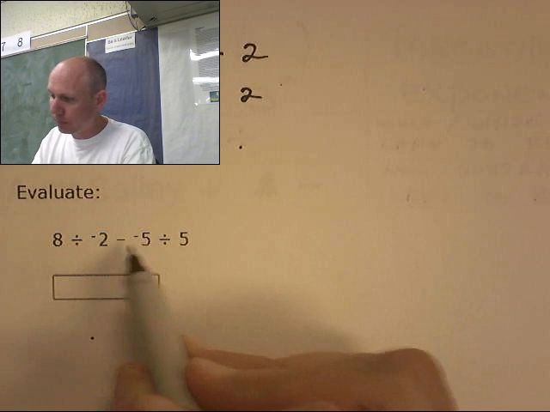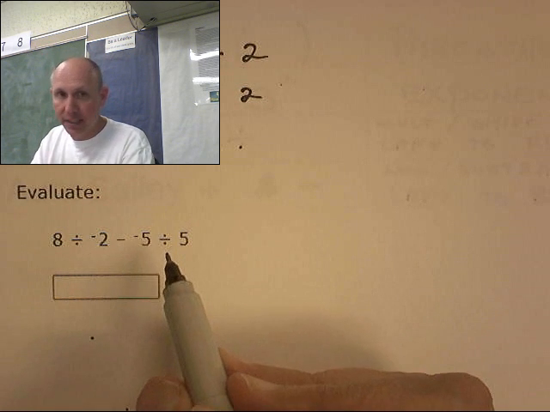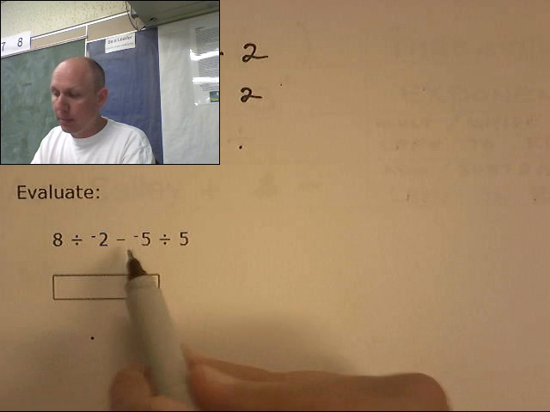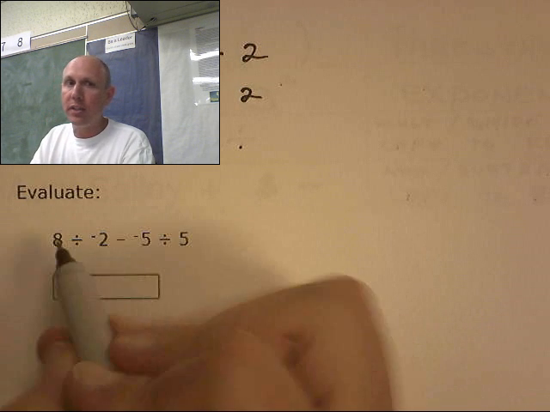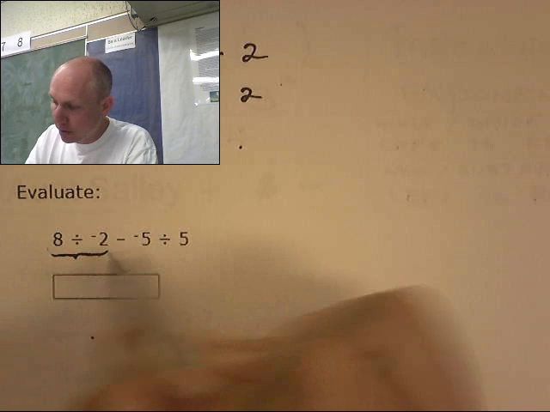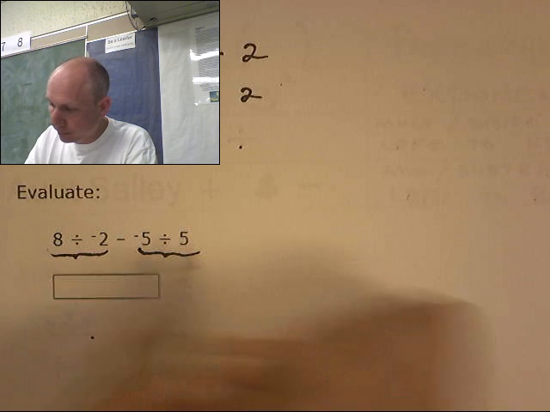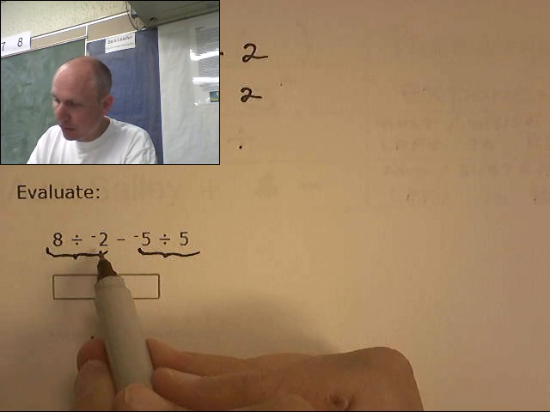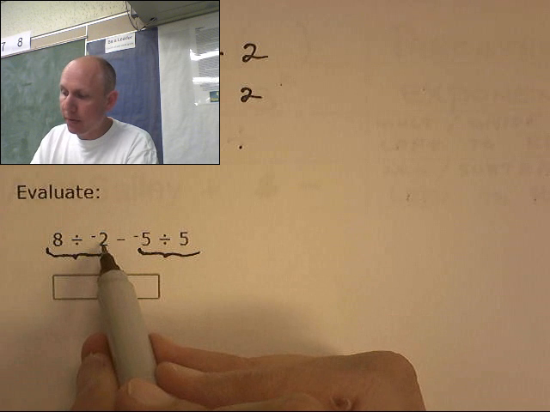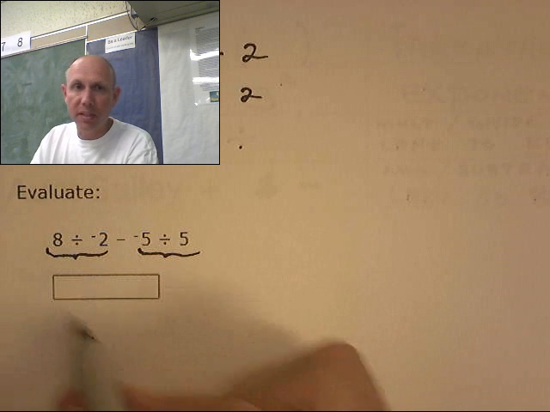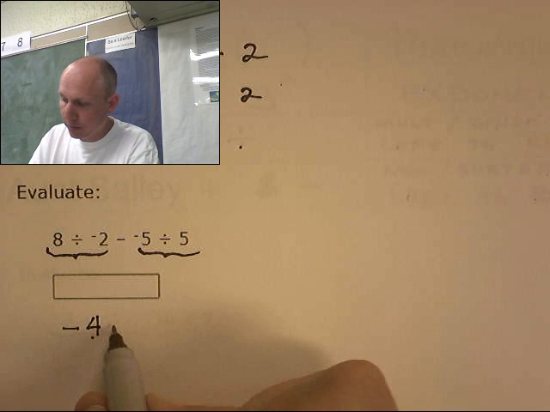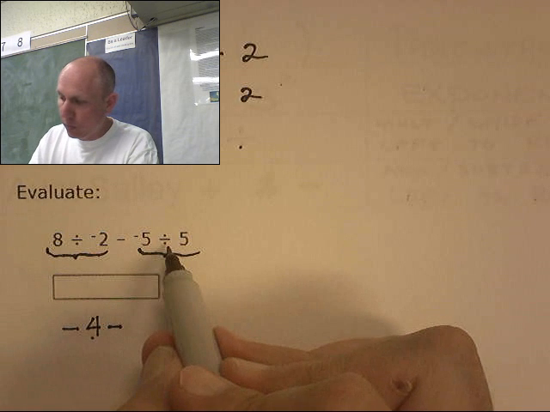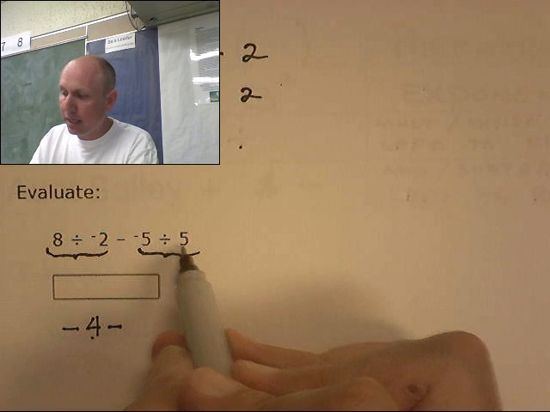Okay, what should we do first? I know I see that boom boom. I know I see the boom boom just like you do. But that's subtraction. I shouldn't deal with that first. Shouldn't I deal with this division stuff right here first? What's 8 divided by negative 2? 8 divided by 2 is 4, but it's a negative 2, so this is negative 4. What's negative 5 divided by 5?